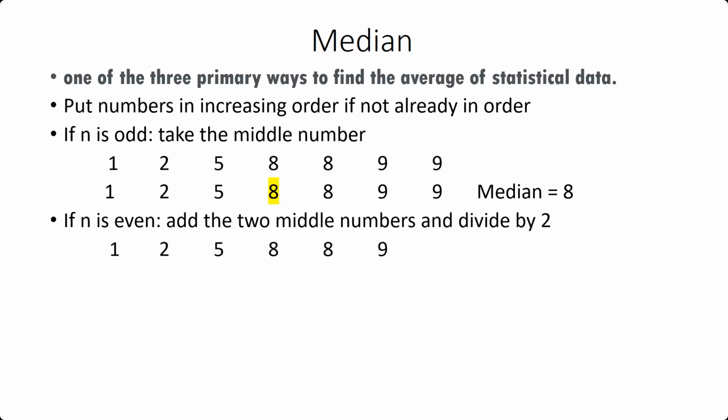What you're doing is finding the middle of this. So 5 and 8 are my 2 middle ones, and you want to find the number between them. You take your 2 middle values, 5 and 8, add them together and divide by 2. The median is 6.5.